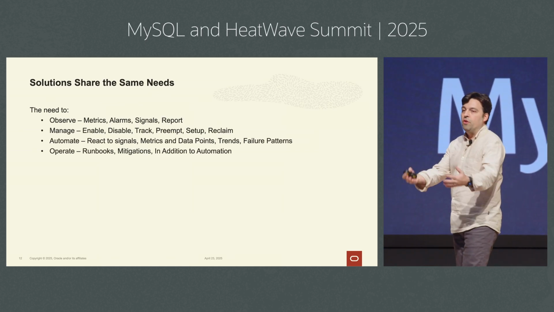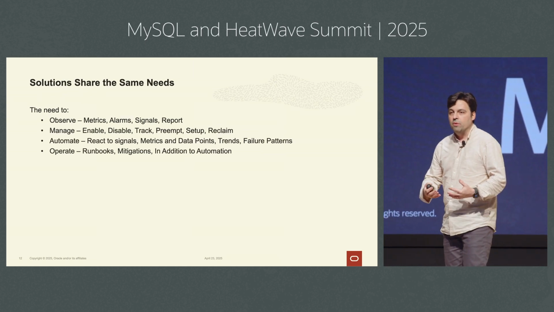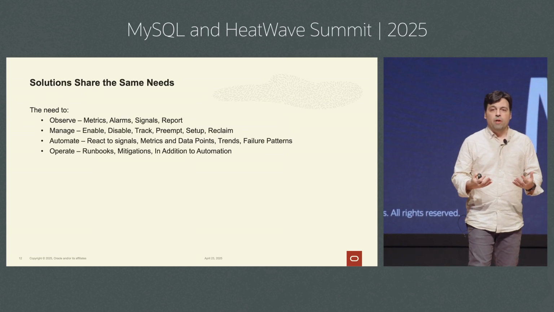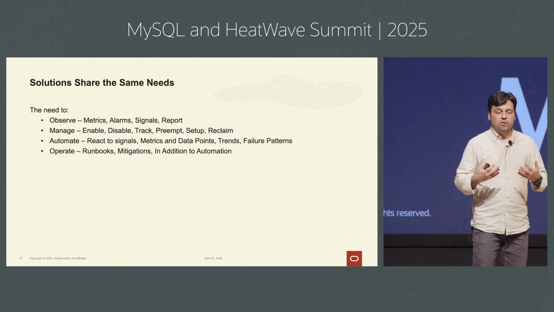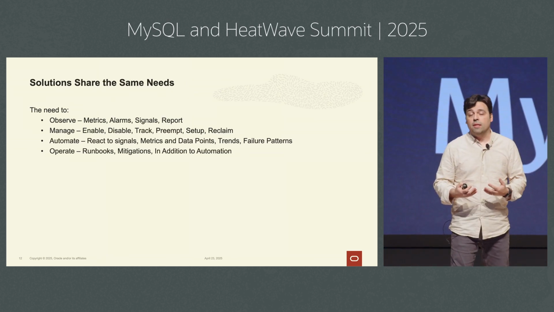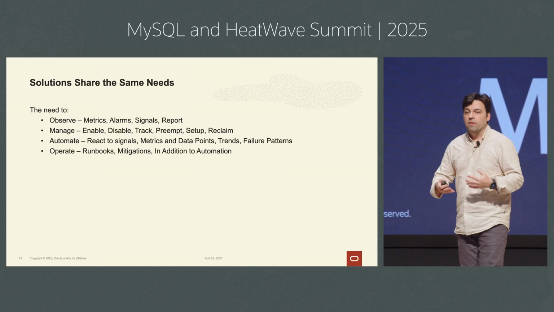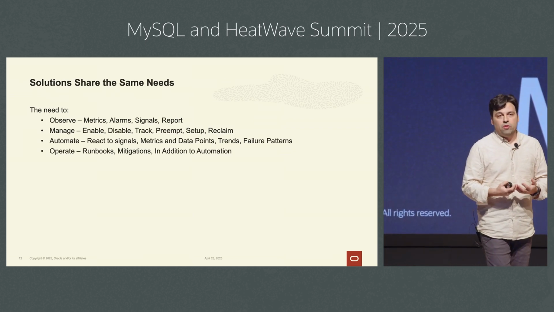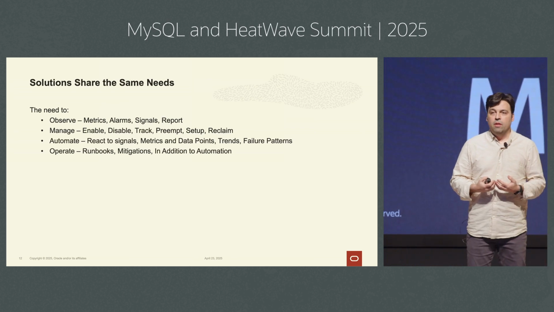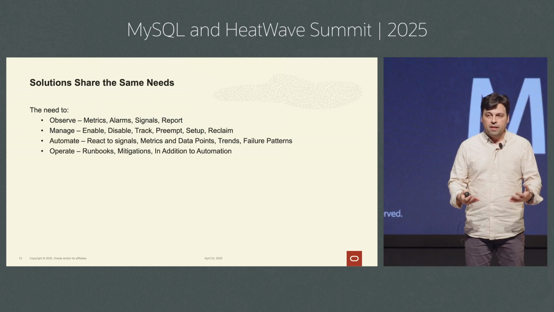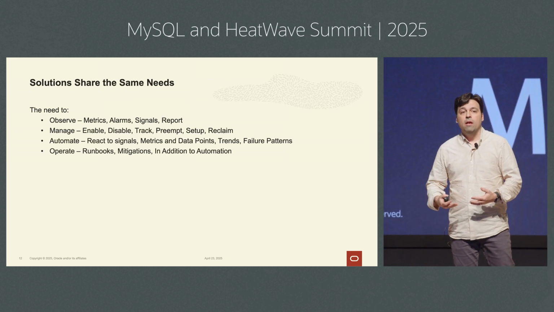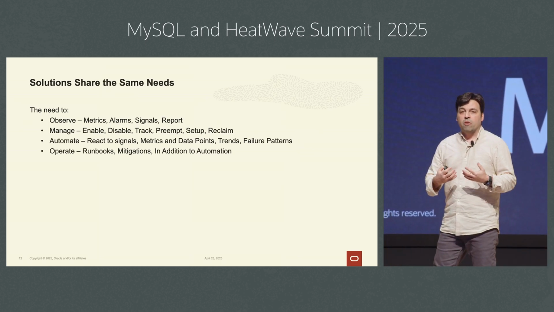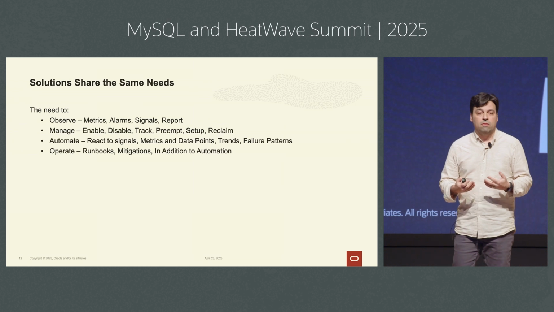Whether it's you that has the need to manage, observe, deploy, operate, and automate because you're running something self-hosted on-premise like MySQL InnoDB Cluster, or whether it's the service that needs to run HA for you, there's always the need to make sure that we are able to understand how the system is living and breathing, and what we should do in case there's some corrective action that needs to take place, right?